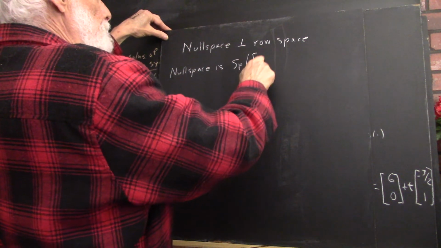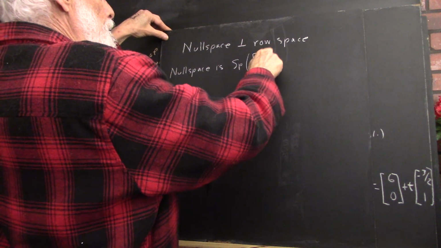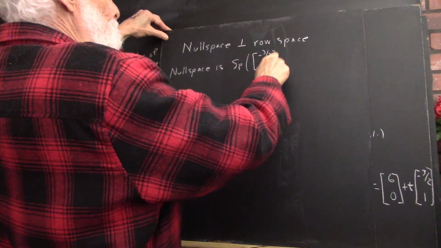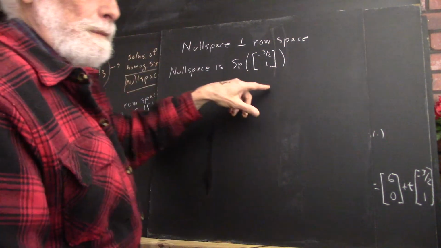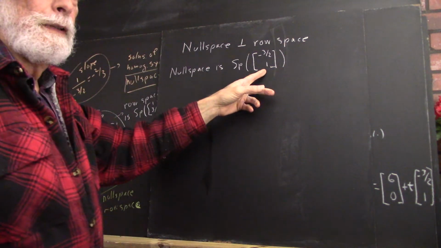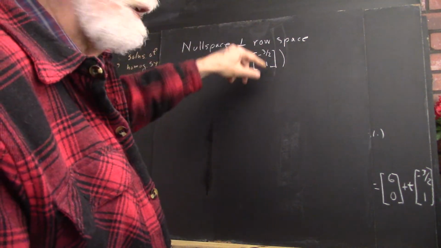Null space is the span of the vector (negative 3/2, 1), and since you've only got one vector here, its basis is (negative 3/2, 1).